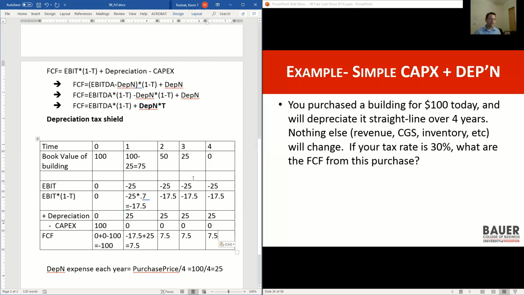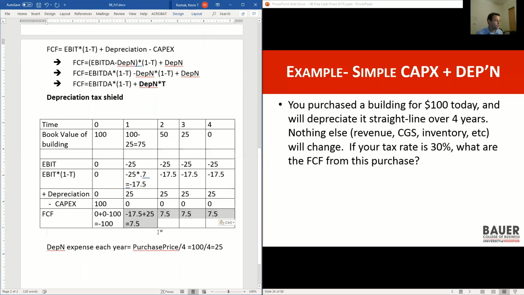So this is a little bit odd, right? We should pause here and think about what's going on. All you're doing is buying a building and sitting in it for 4 years. You're not doing anything else, but yet your cash flows still go up in times 1, 2, 3, and 4. What did we call these cash flows? Well, we call those things the depreciation tax shield.